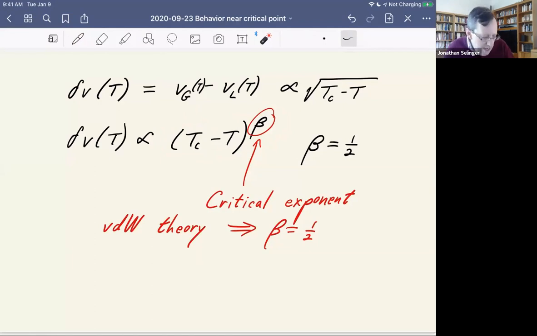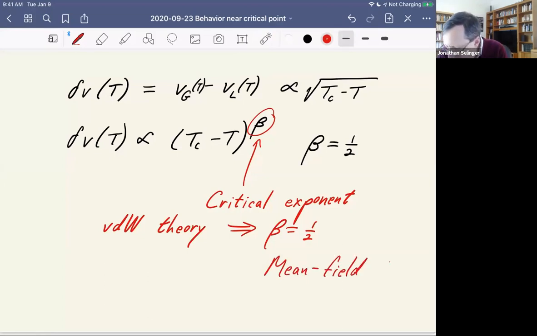Now, this 1/2 is the same 1/2 that we got from the theory of the Ising model. And in general, this is a result of doing mean field theory. Mean field theory is an approximation, and it is giving us a critical exponent of 1/2. That's not exactly right.